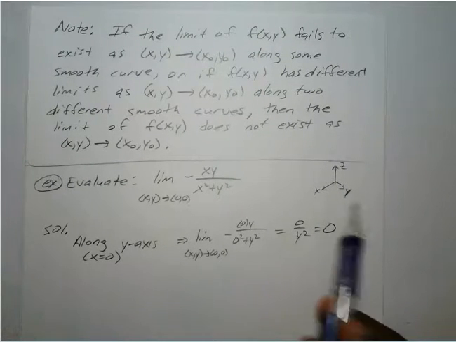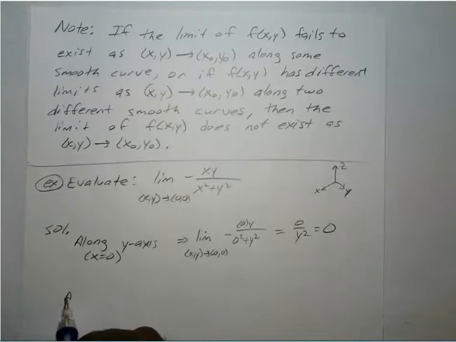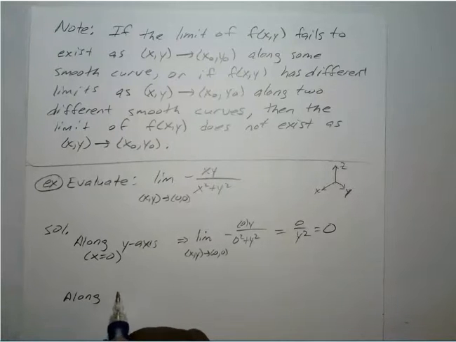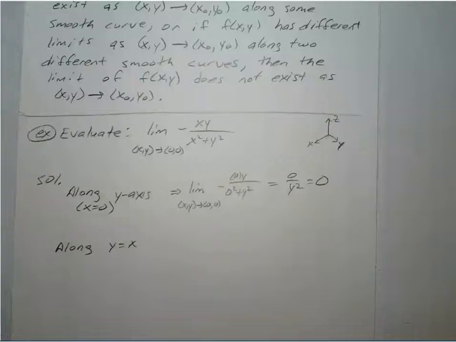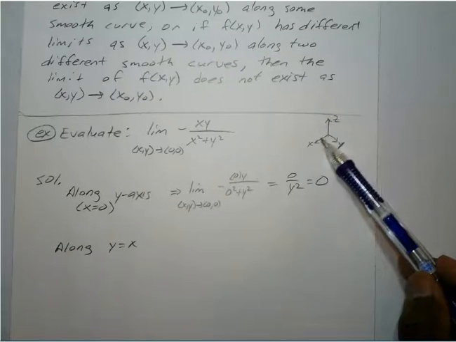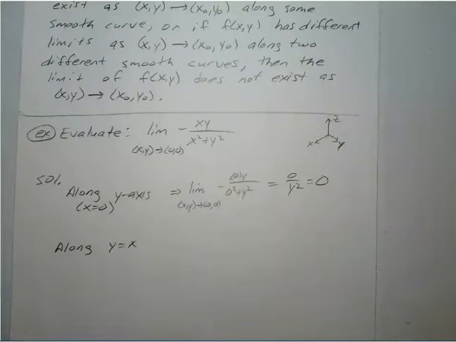Okay, so if we approach that point at a slant, we can see if it has the same limit. So what if we go along y equals x? Now we're not approaching it coming down the x-axis or the y-axis. We're coming at an angle. Remember, y equals x is a diagonal on the xy axis.